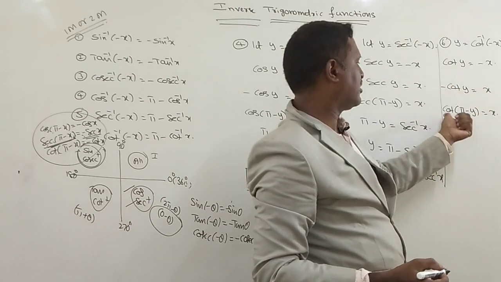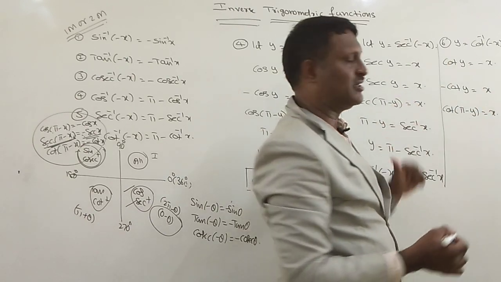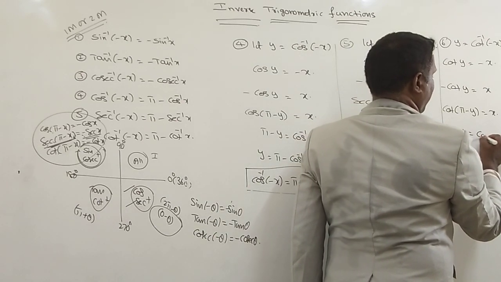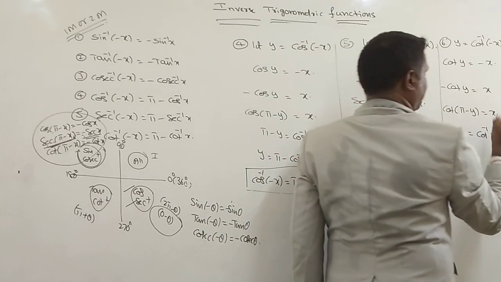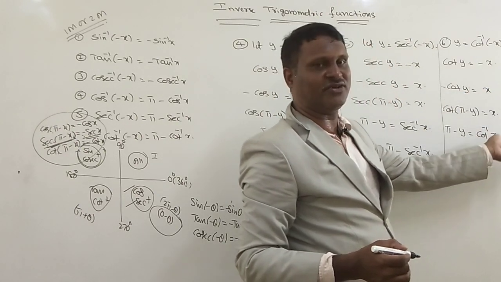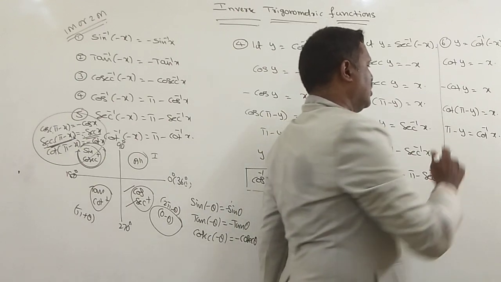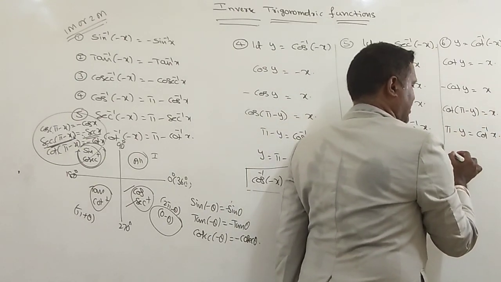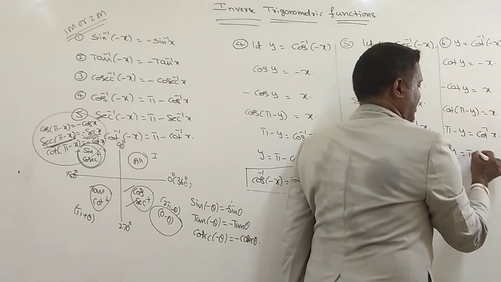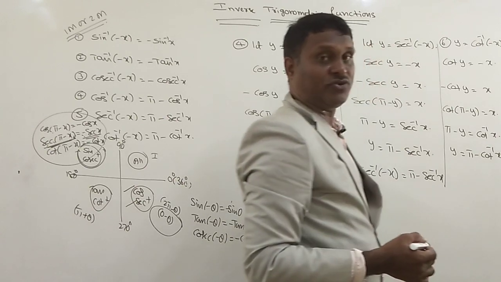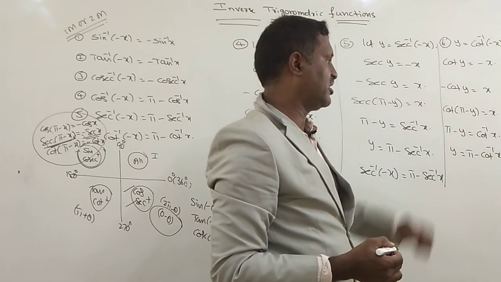Now this cot we have to take to the other side, so pi minus y is equal to cot inverse x. Minus y, take to the other side, cot inverse x this side. So we can write y is equal to pi minus cot inverse x.